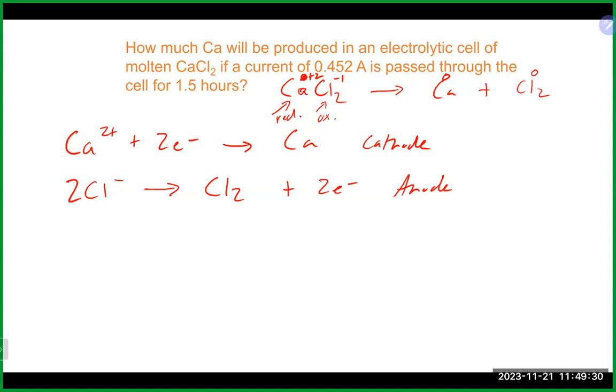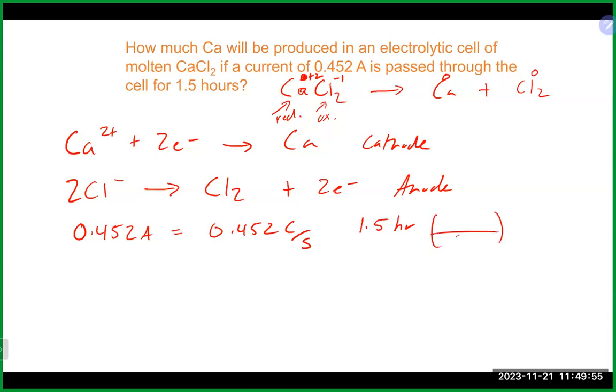So in this case, we're going to do our typical calculation here. We're going to take our 0.452 amp, and that basically is 0.452 coulombs per second, as that is what an amperage is equal to. We have our time here in hours, but for everything to cancel out correctly, we do need it in seconds.